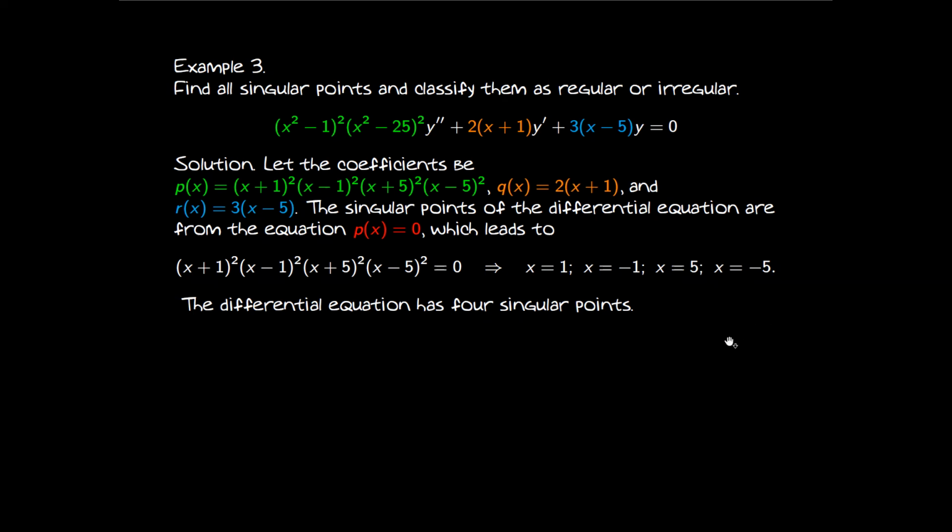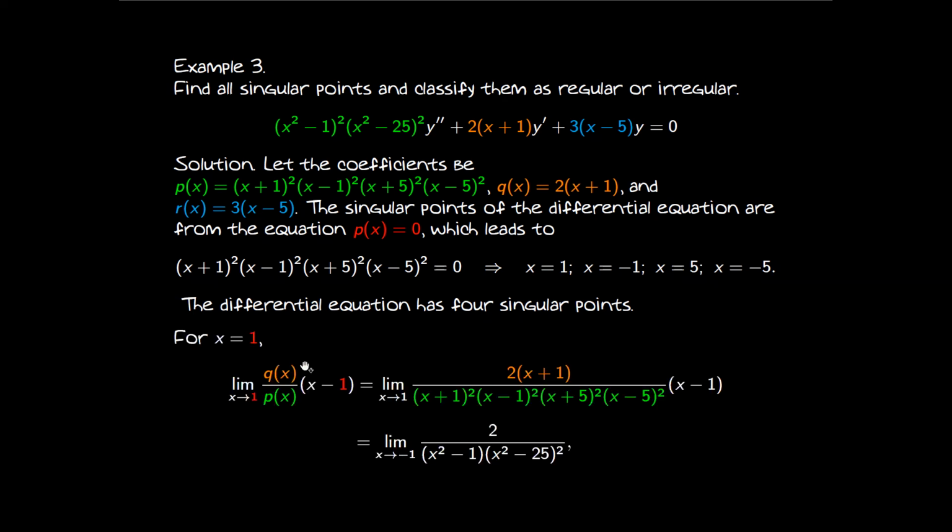Okay, so we're going to get a total of 4 singular points in this case. And we need to check the limits for every one, right? So let's see. For x equal to 1, you're going to use q over p times x minus the 1 here, right? As x approaches 1. You plug the coefficient functions into this expression.